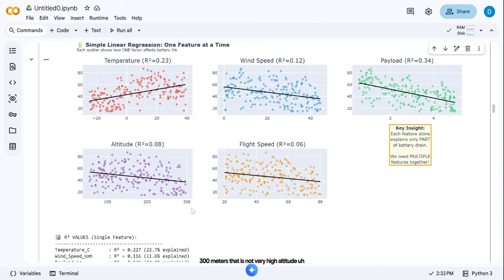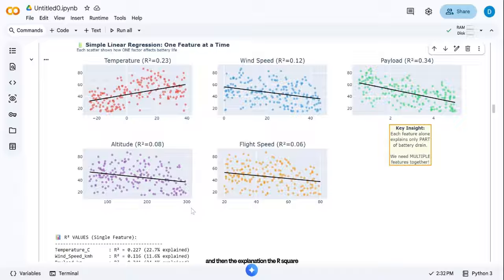That is not very high altitude. If they were going up to 1 kilometer, then we'd be talking about some serious difference in terms of battery time. But it's only a couple hundred meters, so the variance is not that much.